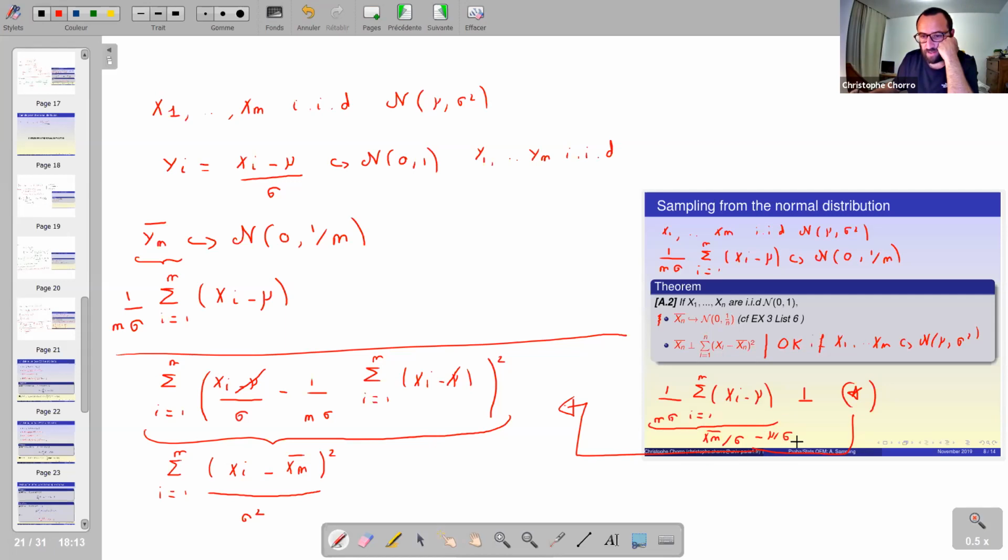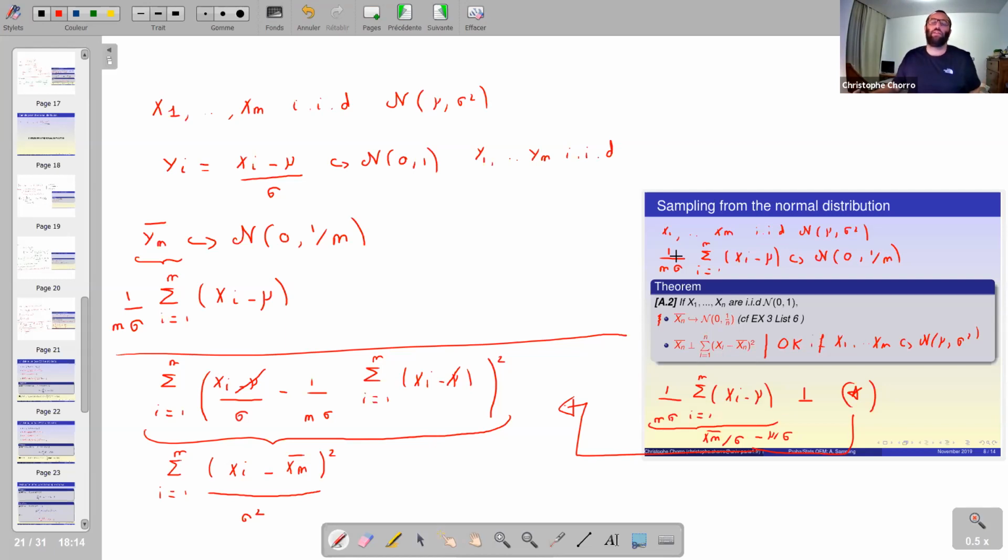So this one, that is an affine transform of X̄n, is independent of this one, that is a linear transform of the sum of the (Xi minus X̄n) squared. And so I deduce from the independence of this quantity and this one the independence of these two quantities. So this works even when I don't have standard Gaussian random variables, but general Gaussian random variables, and for this I have to adapt my result a little.